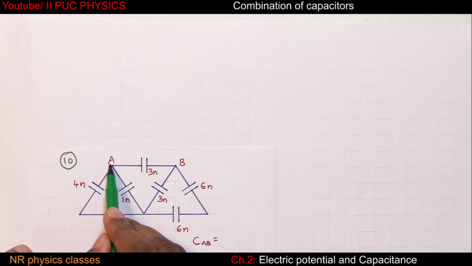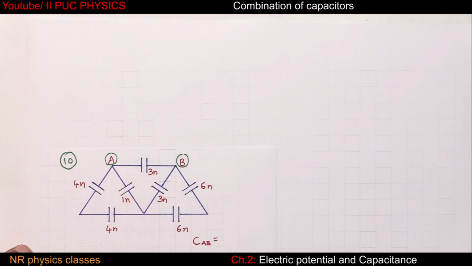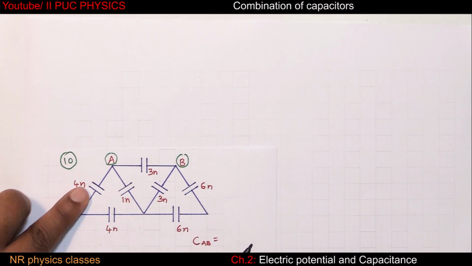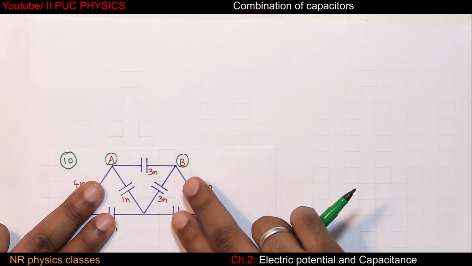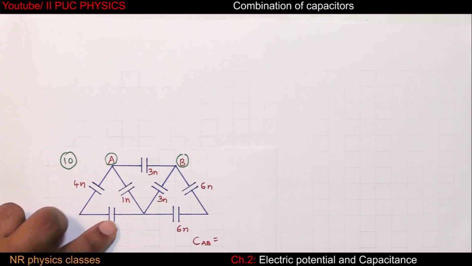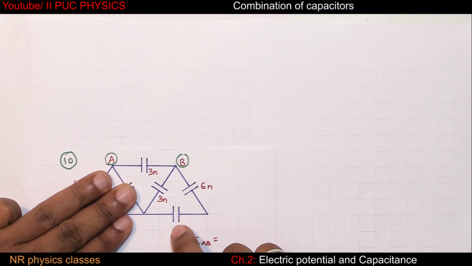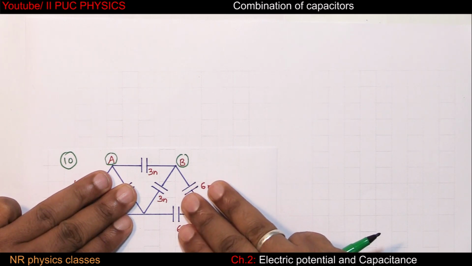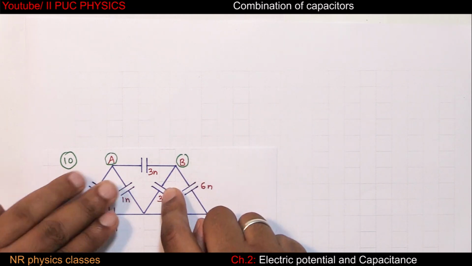Now between A and B, these two are in series. 4 and 4 series means 2, 6 and 6 series means half of 6, 3. So 4 and 4 series 2, 2 and 1 parallel 3, 6 and 6 series 3, 3 and 3 parallel 6.